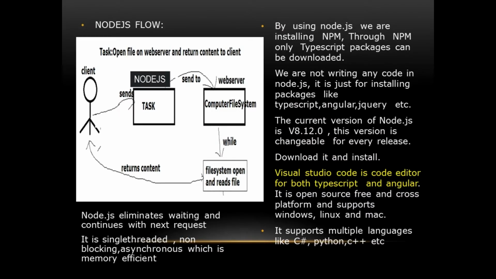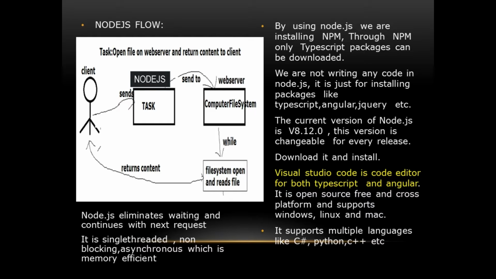Whereas in Node.js, the client will not wait until the file is read. He will send the task to the Node.js server. The server will read the file system, and after reading the file, it will return the content.